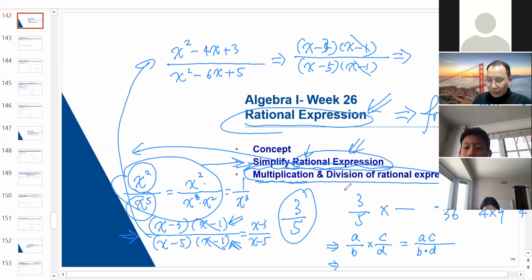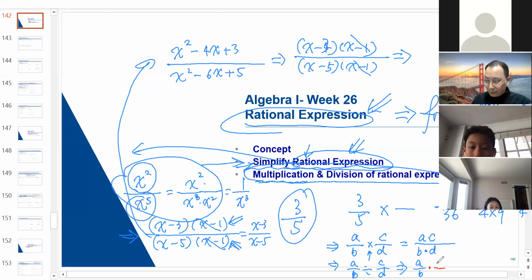And when they do divide, the first step is we change the divide back into times, right? So A over B, and most important, we change to times right here. So C over D here is flipped over, right?